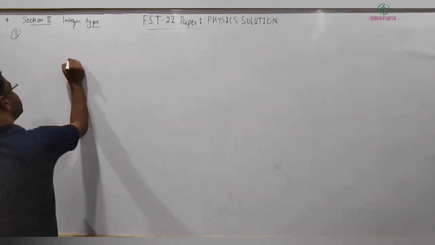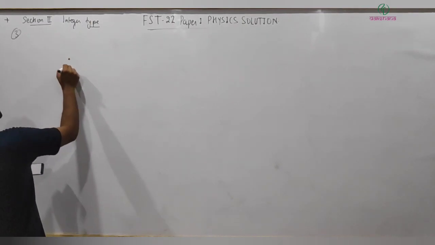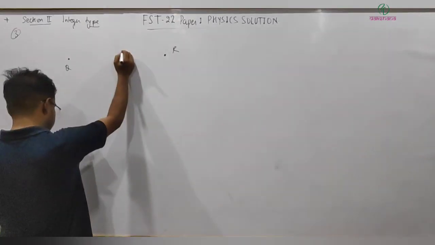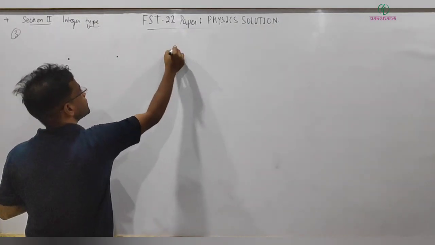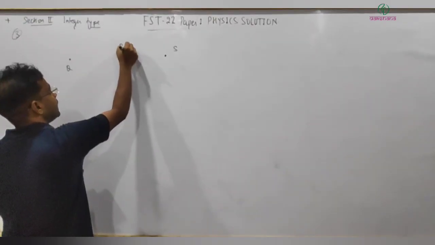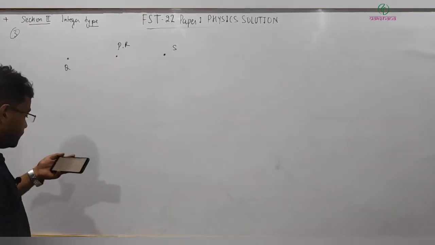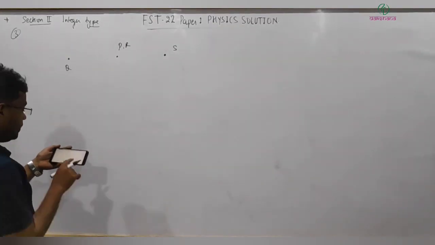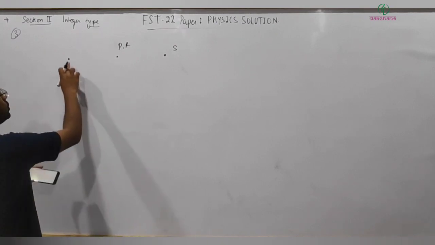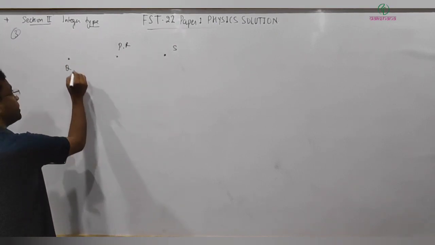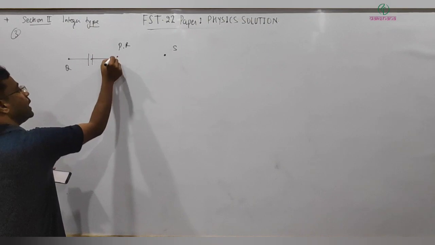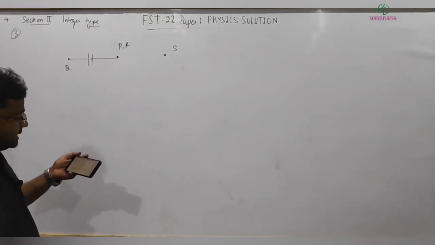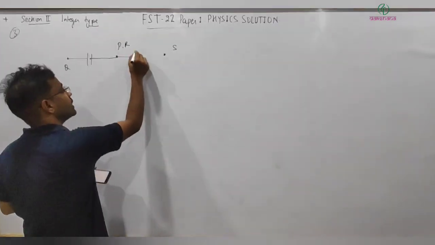First, let me write, this is my point Q and here R, and I'm writing this S, and P and R are connected here. So between Q and R we have one capacitor. This is Q and R, and between S and R I also have one capacitor.